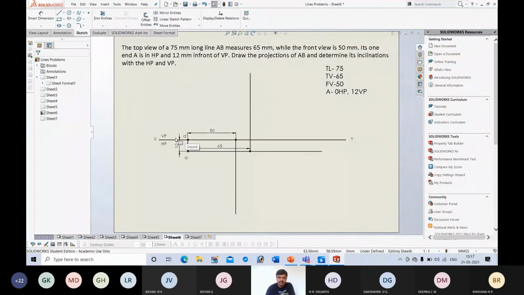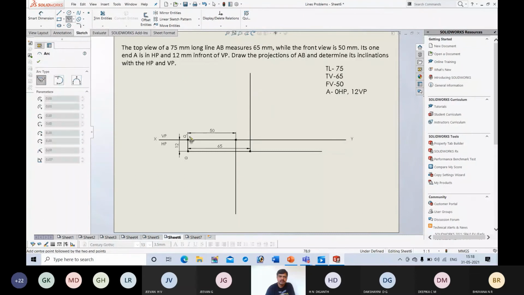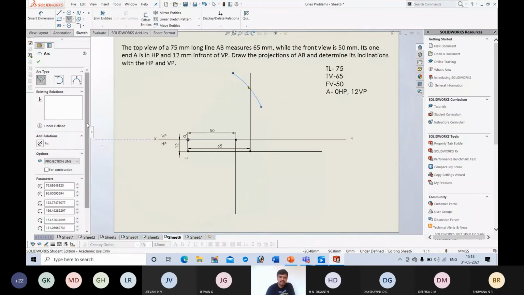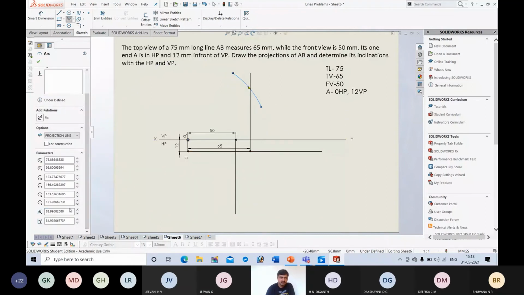Okay, above XY, A dash is one point of true length, B1 dash is another point of true length. So that using compass, taking the 75 mm length as radius, if you cut an arc, that point itself is B1 dash. Okay, you have to use compass. I will use this command called center point arc. This is the center. I will draw an arc where radius is equal to true length, that is 75.